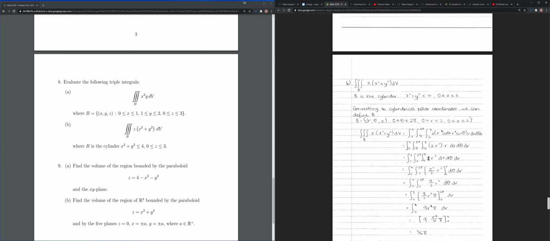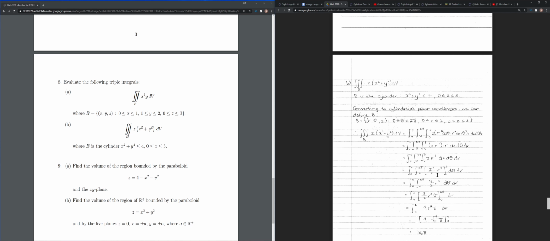I'm going to get z squared on 2, and then I put in z values, z equals 3 and z equals 0. When I put in z equals 3, I get 9 on 2, and when I put in z equals 0, I get 0. So what I get is 9 on 2 r cubed.